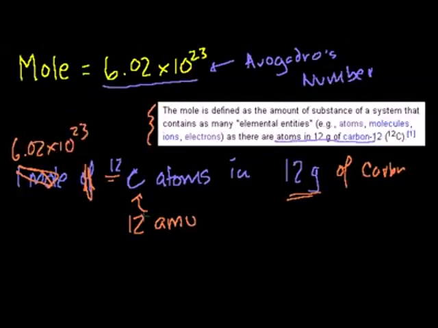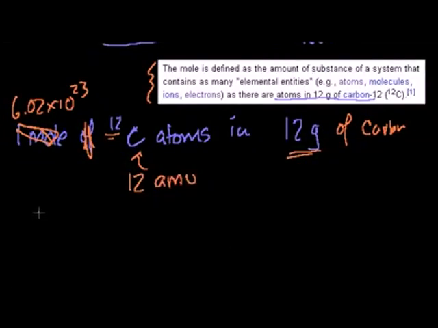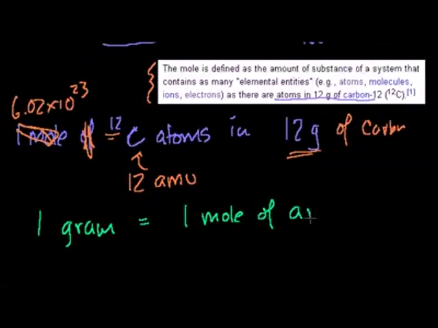So if you have something that has a mass of 12 atomic mass units, and you have a mole of them, or 6.02 times 10 to the 23 of them, all of those atoms combined will have a mass of 12 grams. So another way to think about it is 1 gram is equal to 1 mole of atomic mass units, AMUs.